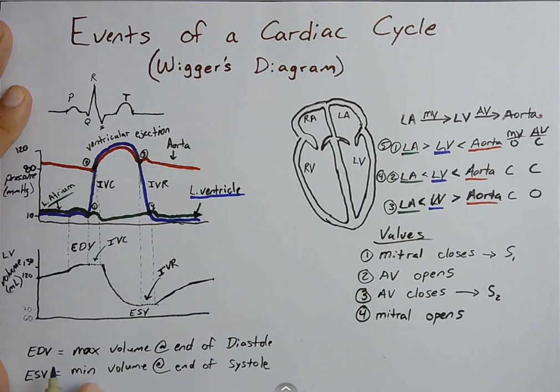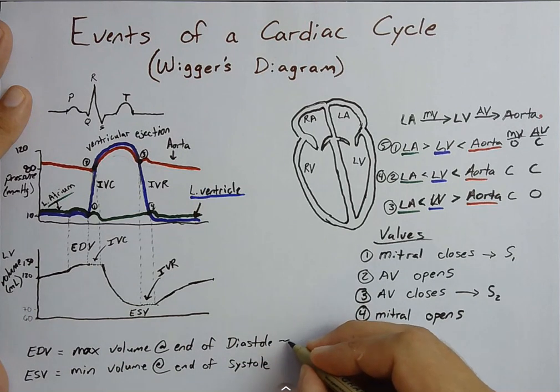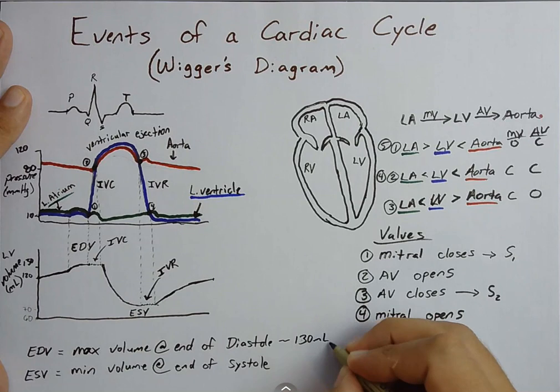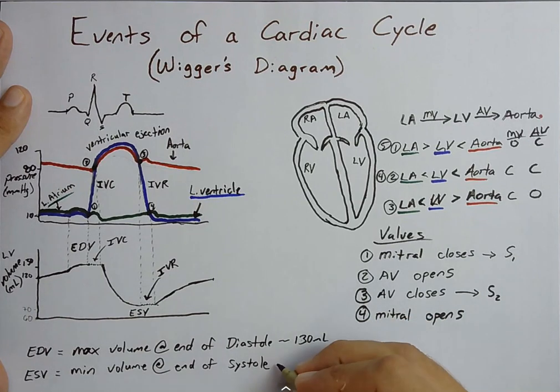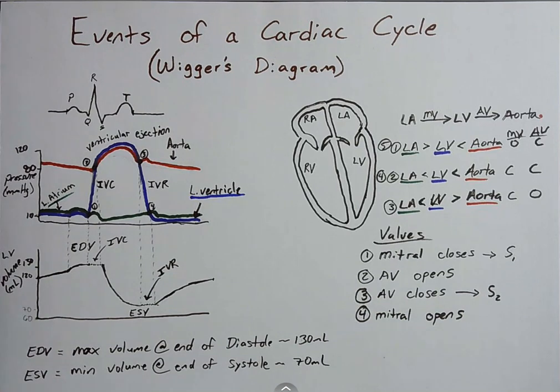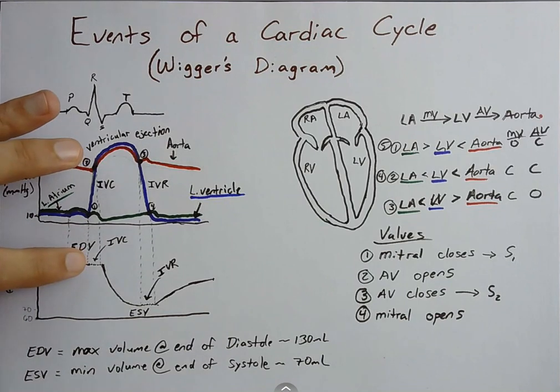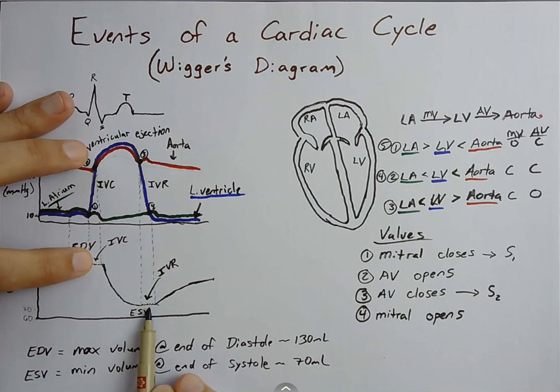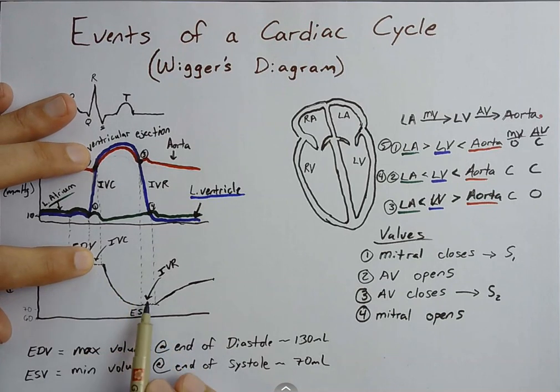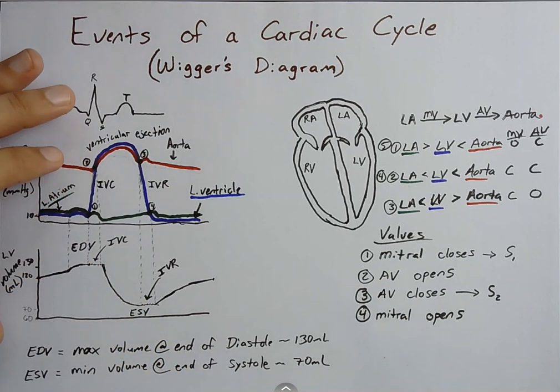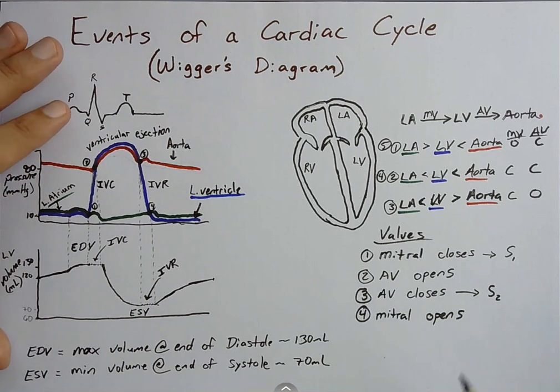All right. End diastolic volume, the average EDV in a patient is approximately 130 mils. The average end systolic volume is approximately 70 mils. So what does that tell us? What's the importance of those values? Well, if we say there's a certain volume at max and a certain volume at min, then we can calculate how much blood ejected during a single cardiac cycle.